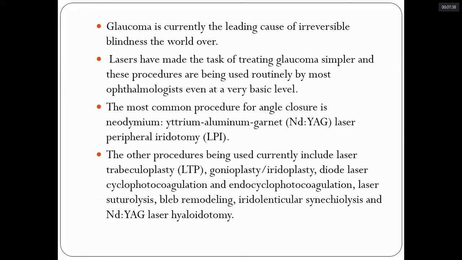And laser suture lysis, bleb remodeling. We will discuss later in the surgery part how the bleb is formed, and if failure of the bleb occurs, then remodeling can be done with the laser. Iridolenticular synechiolysis, so when there is synechia, it can be broken down with the help of the laser, and Nd:YAG laser hyaloidotomy.